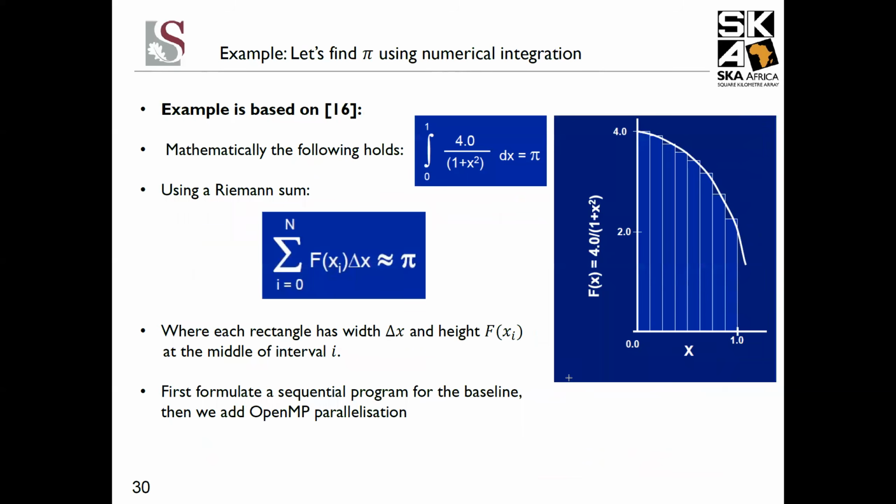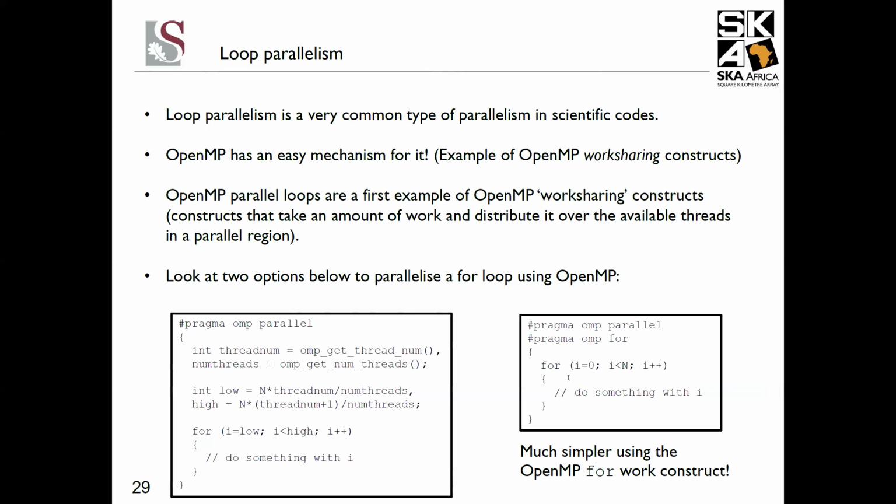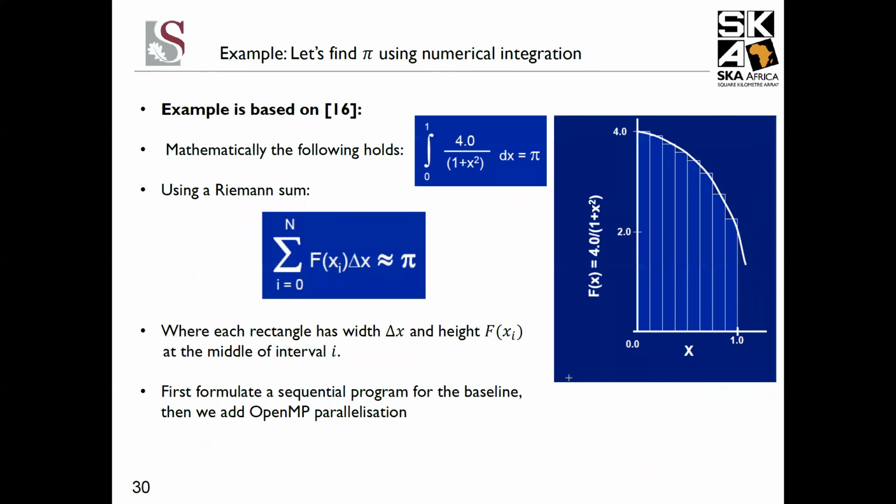So in order to explain how OpenMP does something, I took an example, and this example is something that looks like this. The goal of it is to calculate the value of pi, and we're going to use some numerical integration to do that.